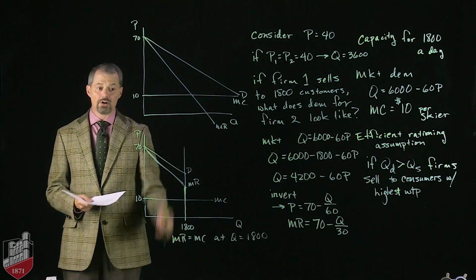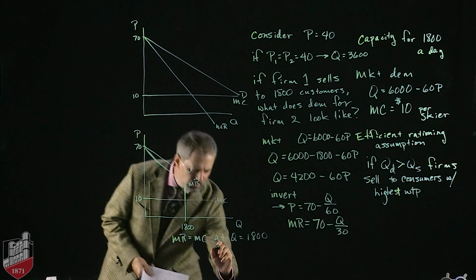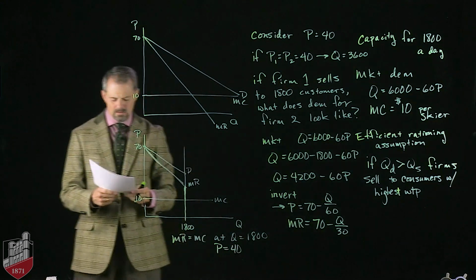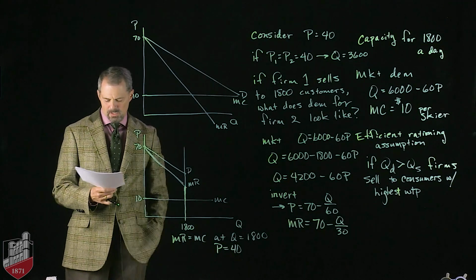And then charging a price equal to $40 ends up being the best option for firm 2 to choose.